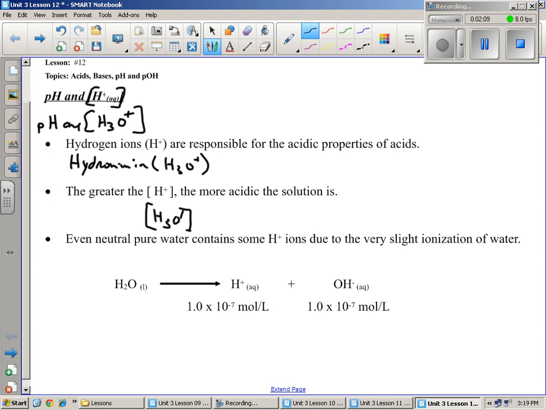Or how do you get more H3O+ concentration? You put more in. Yes? The amount that you put in determines how strong it is, how many moles of that stuff. The greater the amount, the greater the concentration, the more acidic it's going to be.